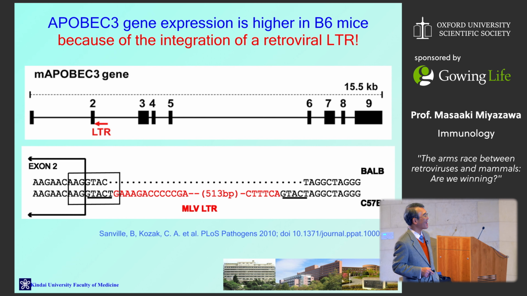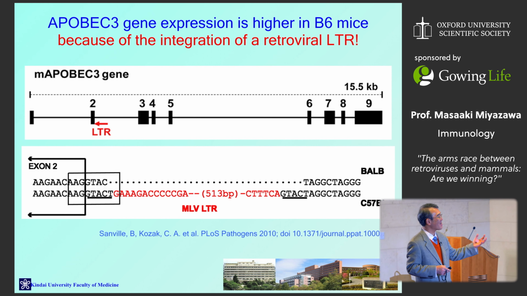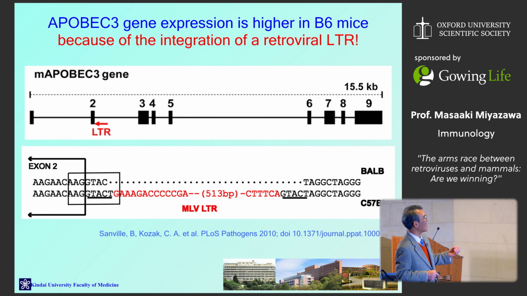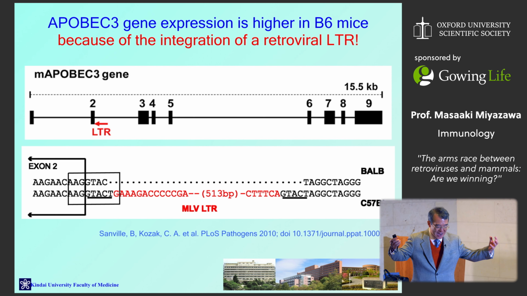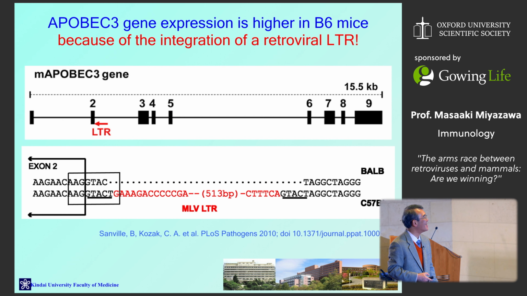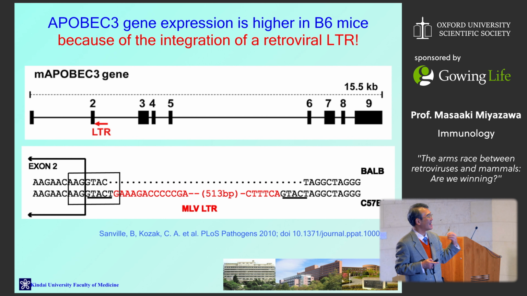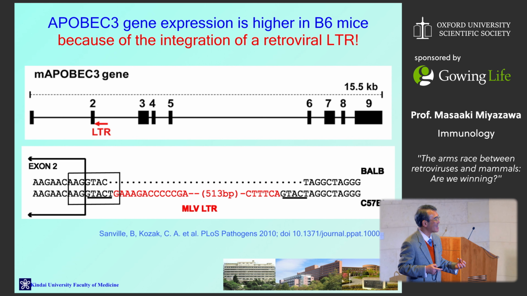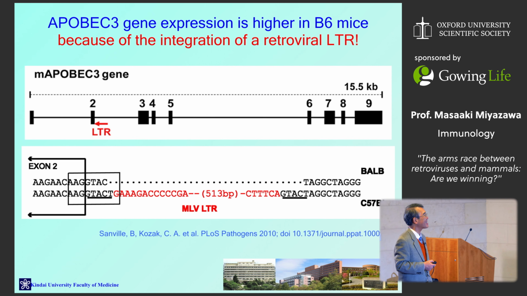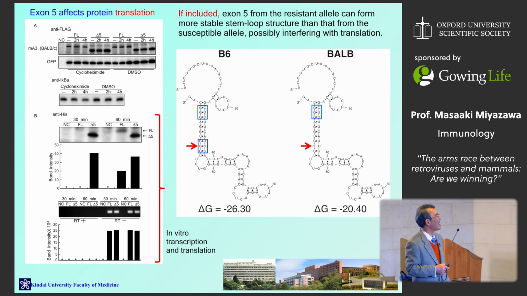So ironically, the ancient retroviral infection into the B6 strain caused the higher expression of the restriction molecule. So we are utilizing our enemies as our allies to fight against retroviruses. This is a very interesting example.